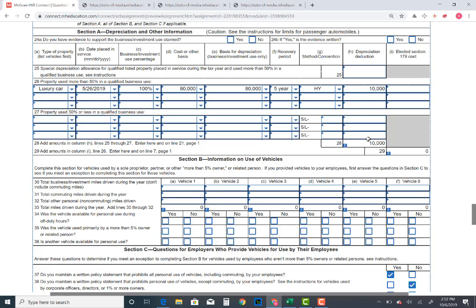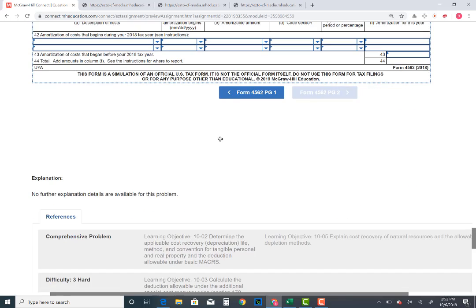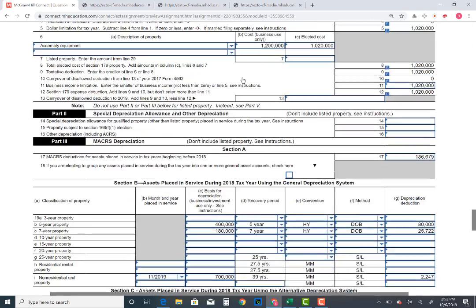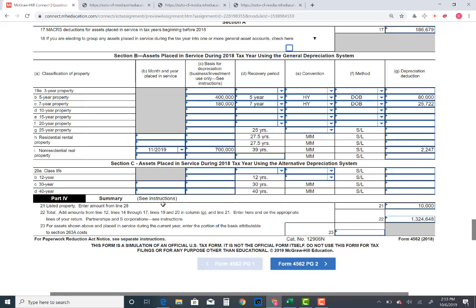So notice when you drop that down here, it says enter here on line 21 of page 1. So we just go back to page 1, and on line 21 down here, that corresponds with that amount we did on the second page. So this last line is just adding up all that depreciation we took for all those different items.